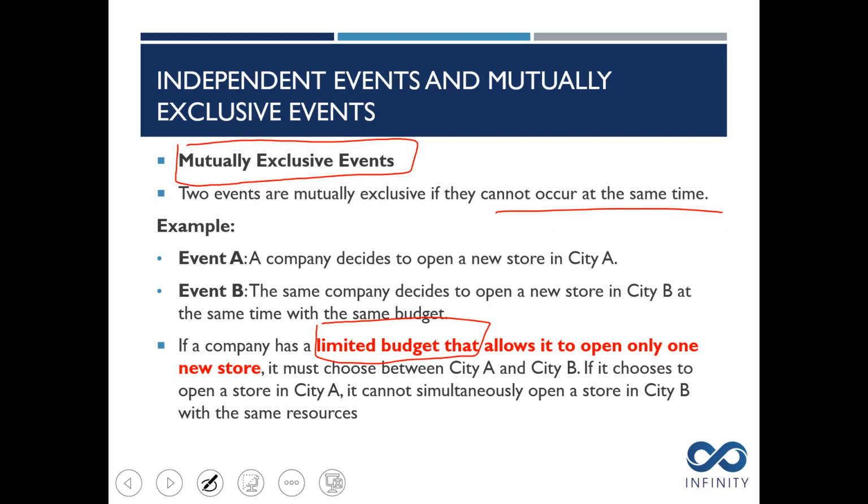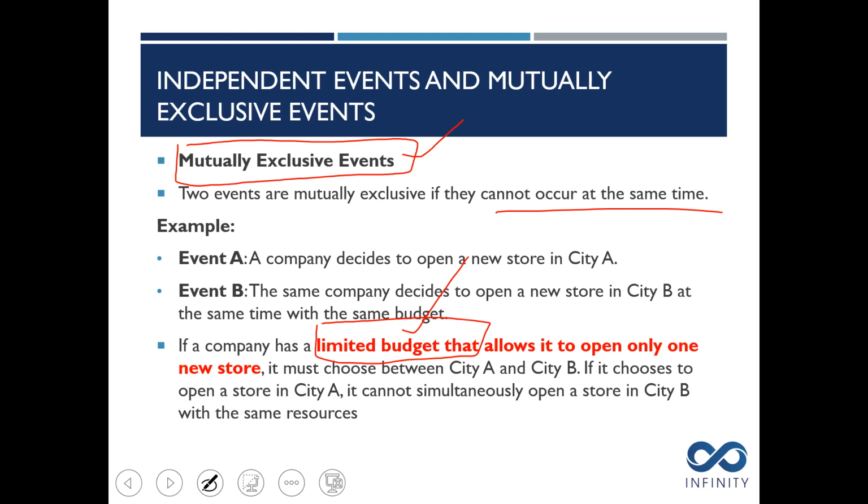Either they will open a branch in city A or in city B, but they can't open branches in both cities as they don't have enough money. If you choose city A, you will not be opening the branch in city B. So we call these mutually exclusive events.